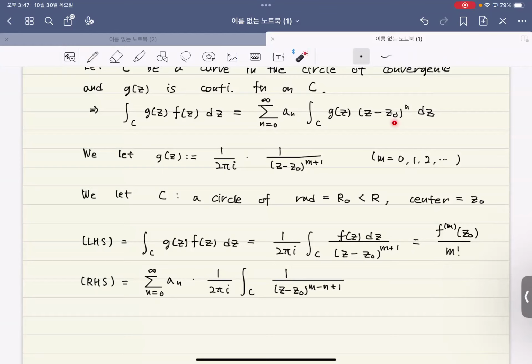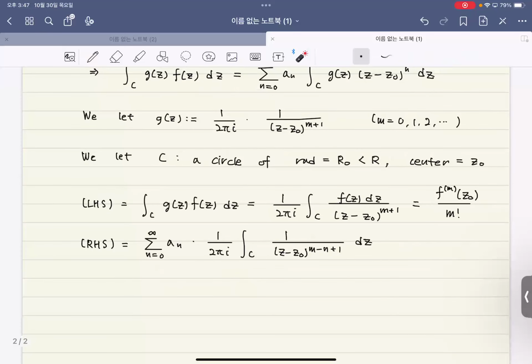Because this is on the top and this is on the bottom. And dz. So what I need to do is compute this line integral.